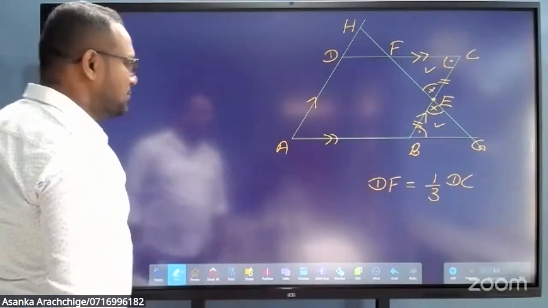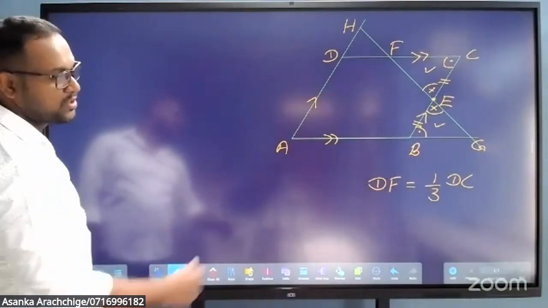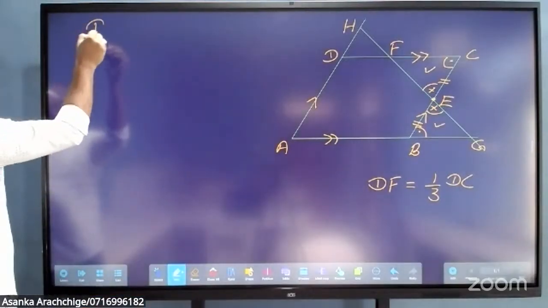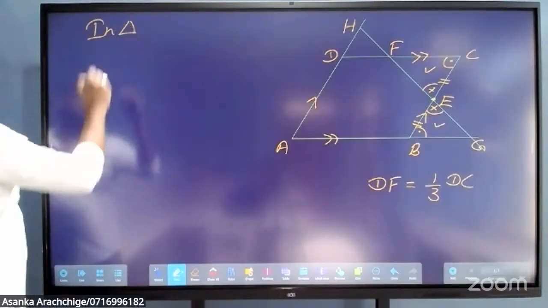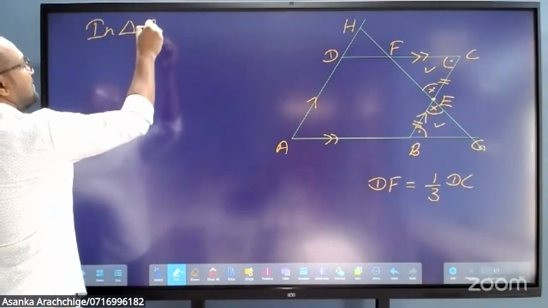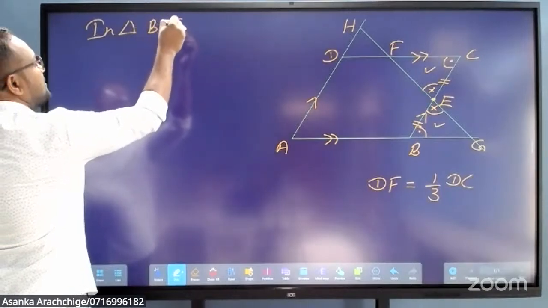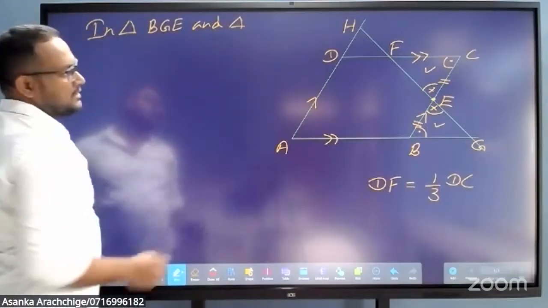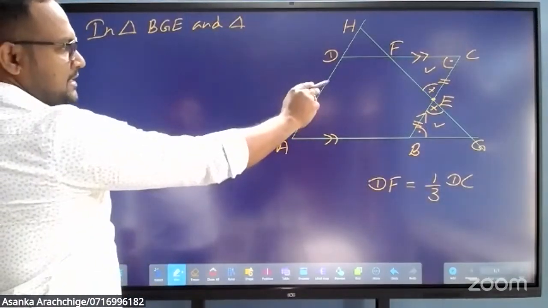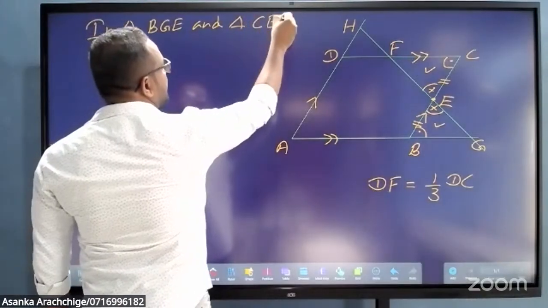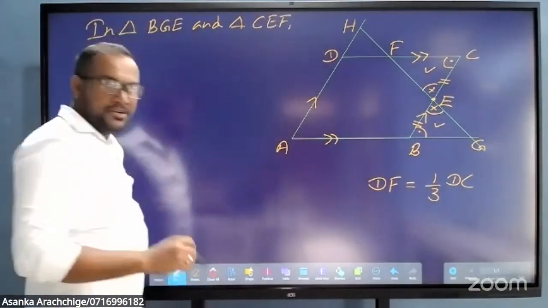Now you have to say, first name the 2 triangles like this. In triangle BGE and triangle CEF. Right?